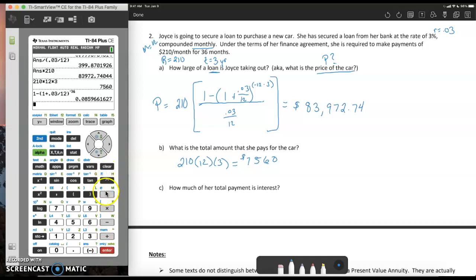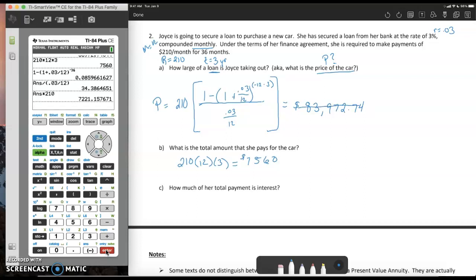Yeah, okay, and then divide by the 0.03 over 12, I needed parentheses here, so I'm trying to go too fast. Okay, and then multiply that by 210. I think this will make a lot more sense. Okay, this makes a lot more sense.